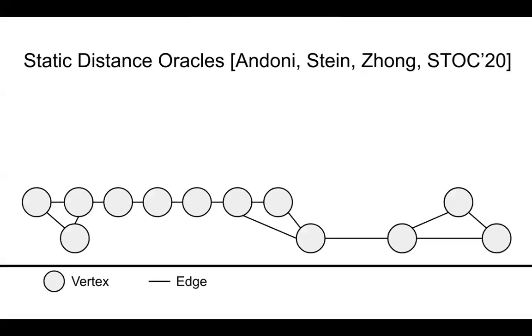Now let me talk about the techniques a little bit. Here, what we did is we looked at static distance oracles, from a recent paper by Andoni, Stein, and Song, and they obtained static distance oracles. So in the static setting, you do all pairs paths, but you're already allowing for a stretch.